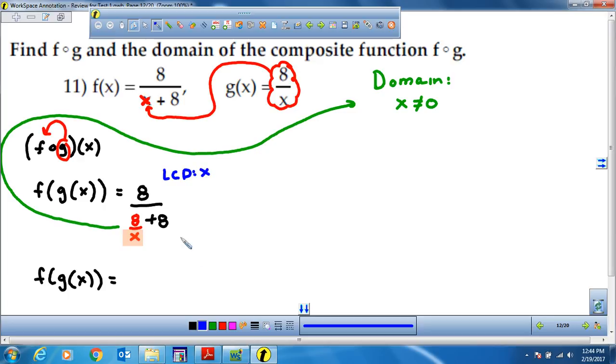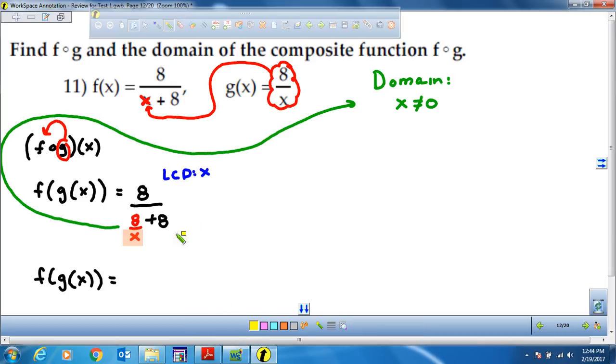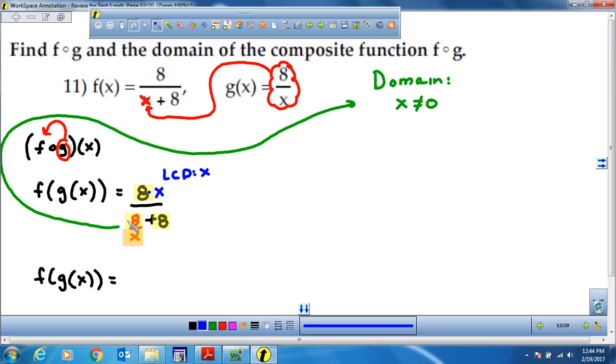So what I have to do is just multiply every term on this function by the x. I multiply the x to this one, the x to this one, and the x to that one. Okay. So if I do that, we're going to end up with 8 times x, which is 8x, over 8x divided by x. The x's just cancel out, so that leaves me with the number 8 plus 8 times x, which is 8x.